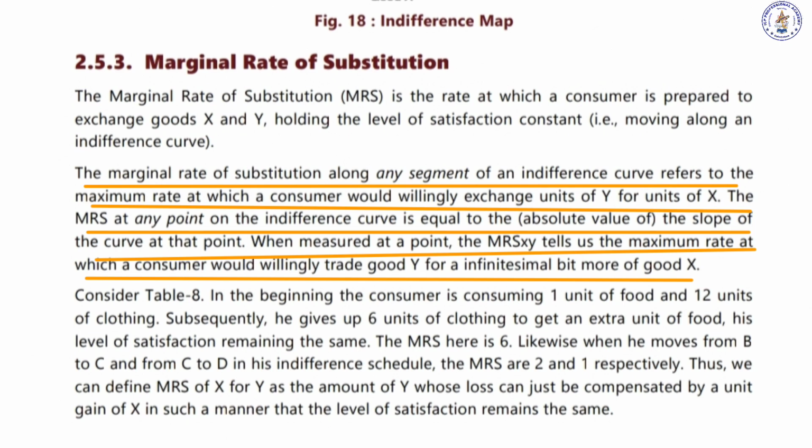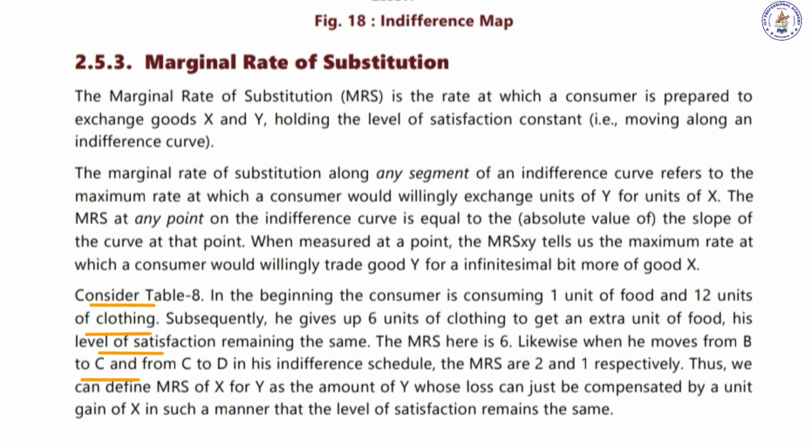The MRS, namely the marginal rate of substitution, at any point on an indifference curve has the same absolute value. That means the slope of the curve is the same. When it is measured at a point, it tells the maximum units of one good the consumer is willing to give up for the other.